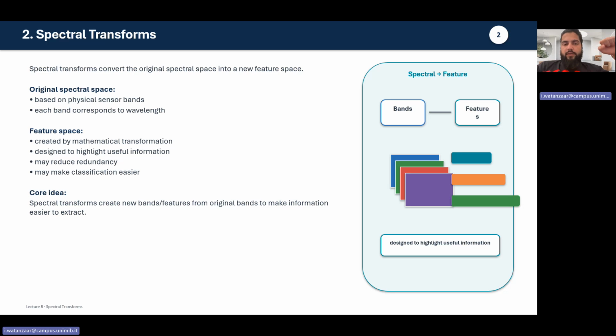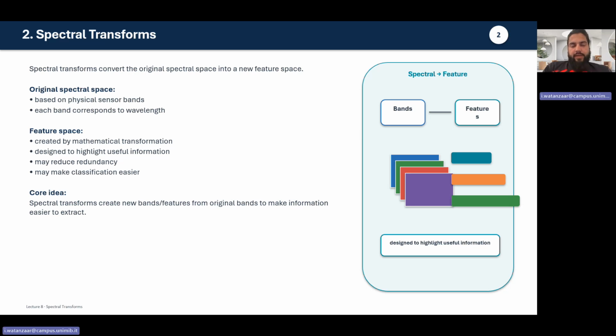The core idea is that the spectral transform creates new bands or features from the original bands to make information easier to extract. We are preparing the data for classification, AI, and more advanced analysis. So spectral transforms create new bands or features.